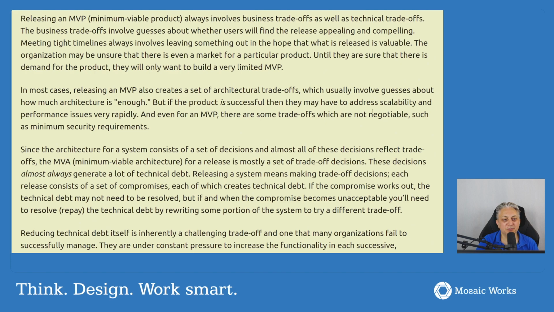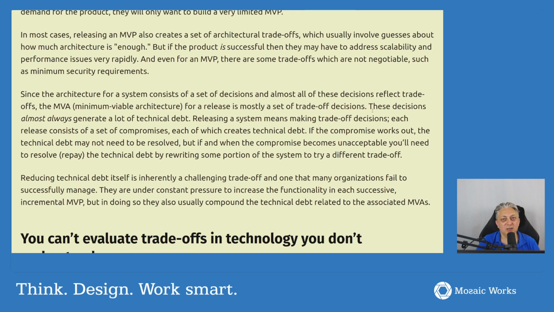The organization may be unsure that there is even a market for a particular product. Until they are sure that there is demand for the product, they will only want to build a very limited MVP. Honestly, most of the times I don't see that. Most of the times I see business pushing a lot of features and then negotiating on an MVP, but not quite.